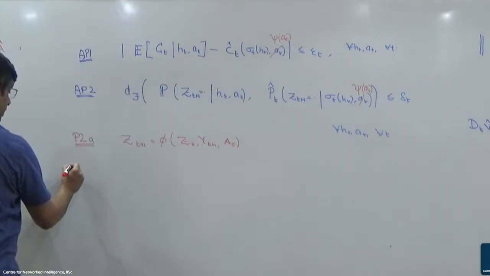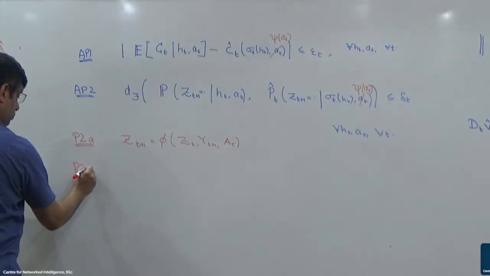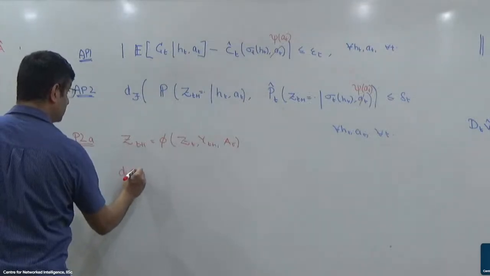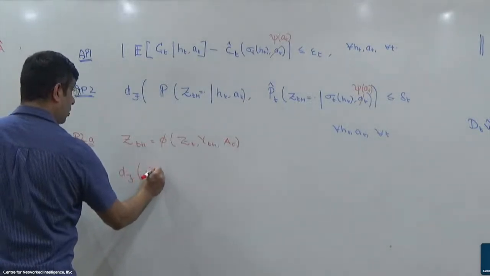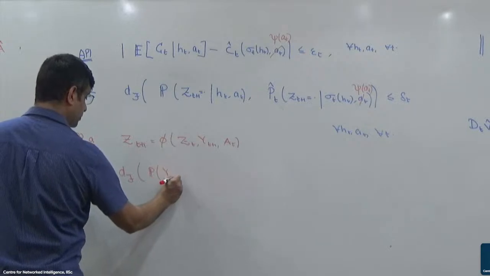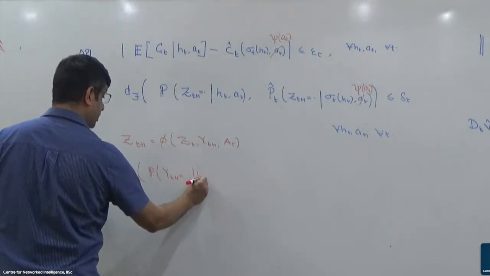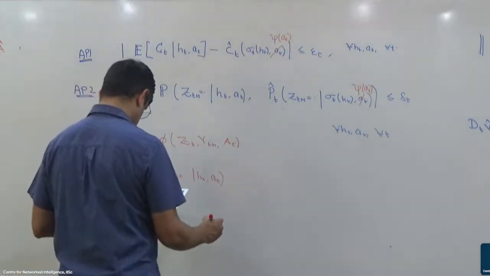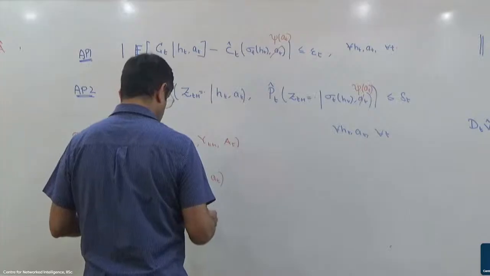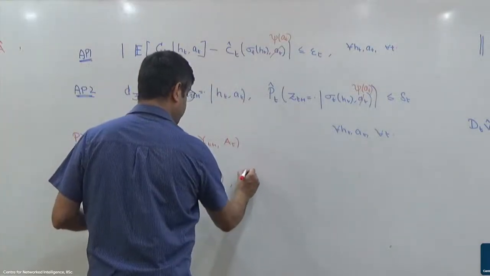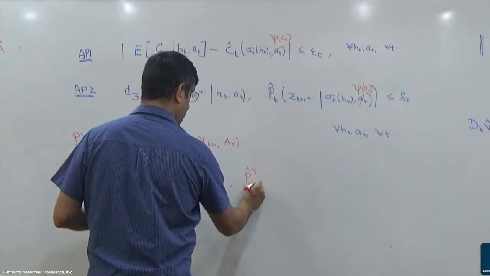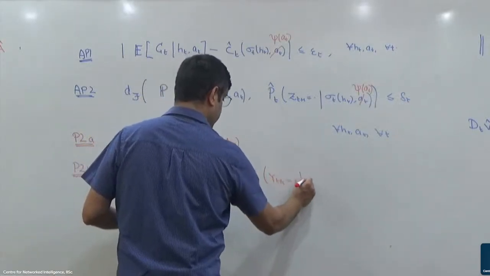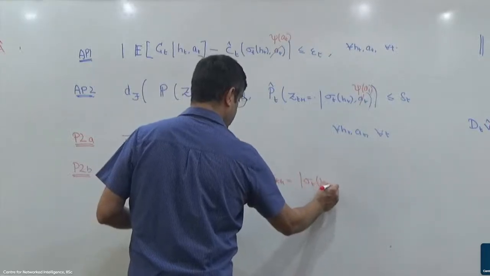And I am going to say P2B, which is the IPM distance between the probability of the next observation given HT and AT, times I have some different kernel, let us call it P hat T y, which gives me YT plus 1 given sigma T HT and AT.